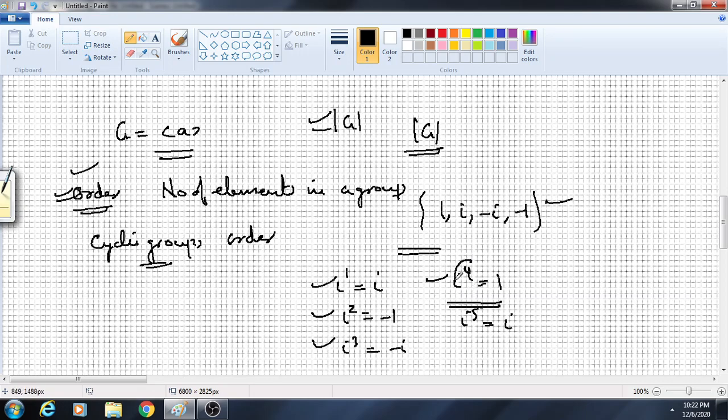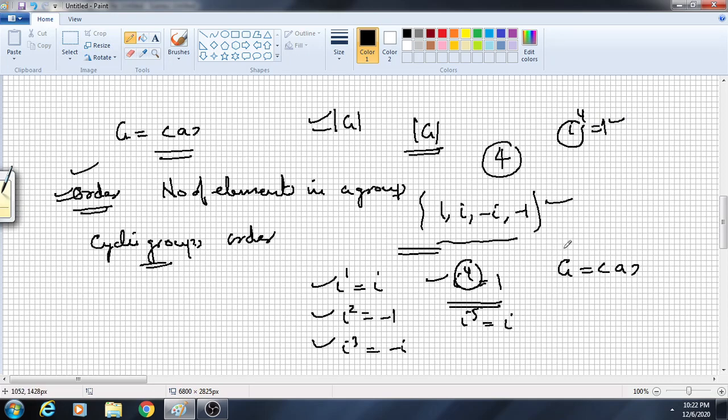This is very important, so we are going to give another characterization. Suppose a group G is cyclic and it is generated by a. What was the number of elements in this group? The number of elements in this group was 4. I also got another property, that i raised to 4 was equal to 1. So i was a generator, and when I took i raised to 4, I got the answer as 1.